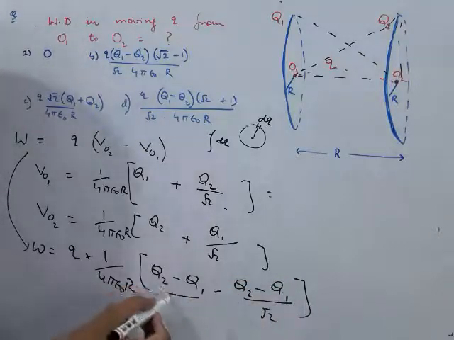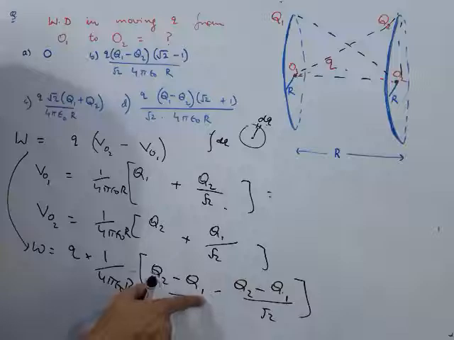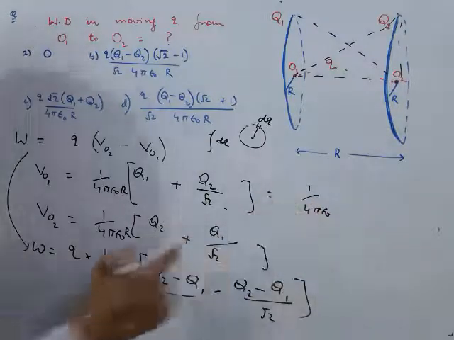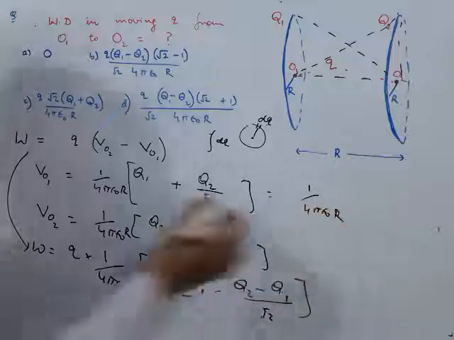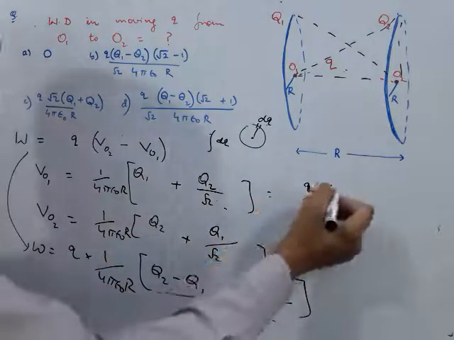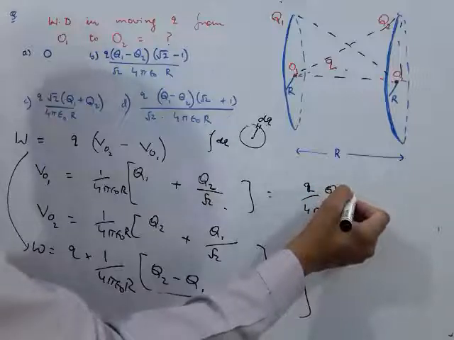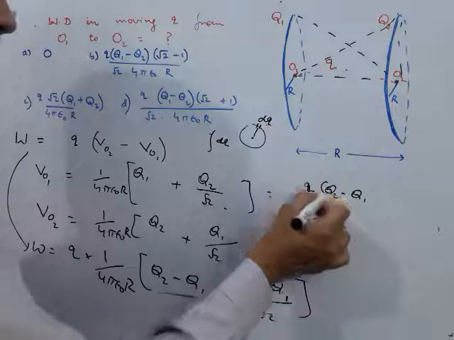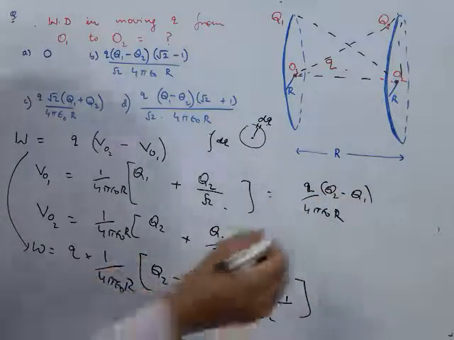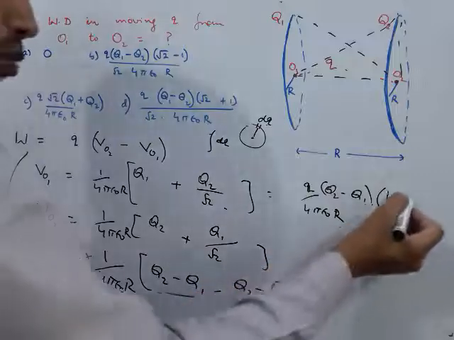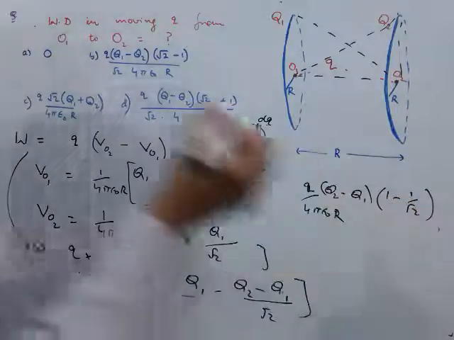Now Q2 minus Q1 and Q2 minus Q1, I can take common. So this becomes 1 upon 4 pi epsilon naught R, this q will be there, times Q2 minus Q1. If you take Q2 minus Q1 common, what will be left behind? 1 minus 1 by root 2.